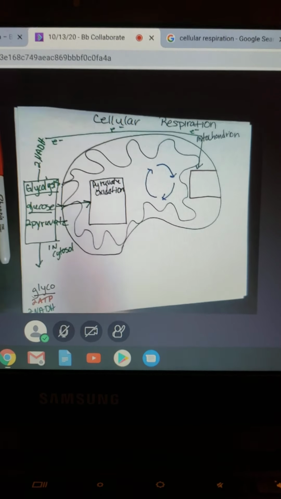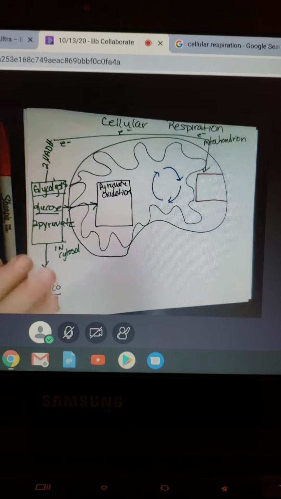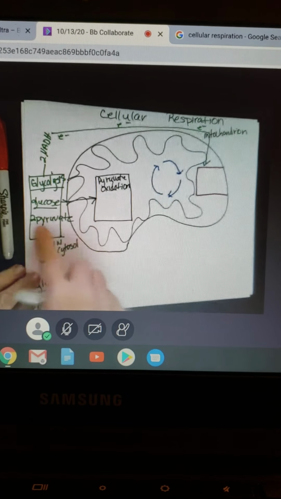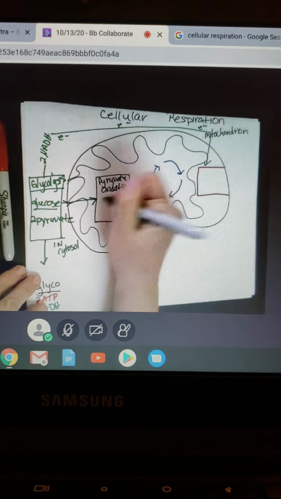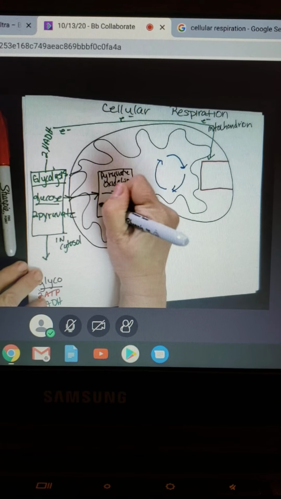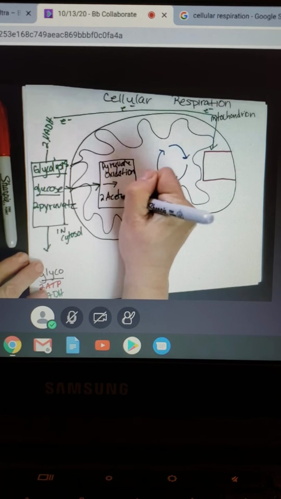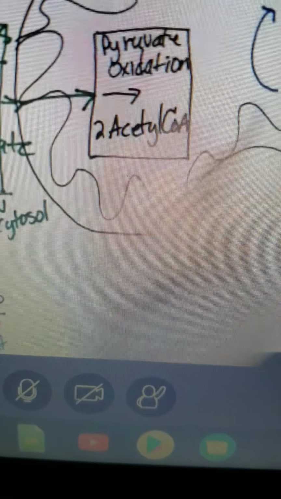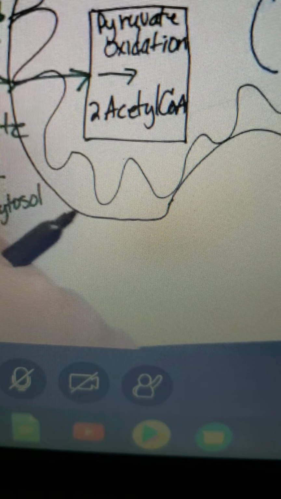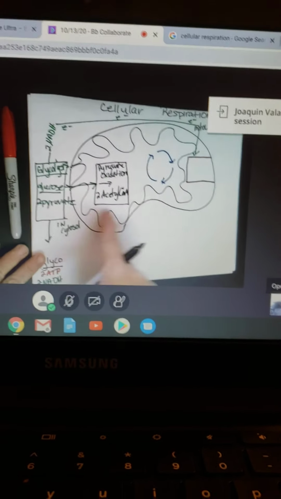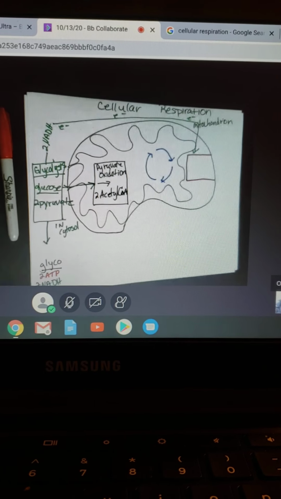So we're going to do what we call pyruvate oxidation, and we're going to send these 2 pyruvate in there. We're going to oxidize them, and then that's going to become acetyl-CoA. And because we split this into 2, we had 2 pyruvate, okay? And so we're going to have 2 acetyl-CoA, all right?